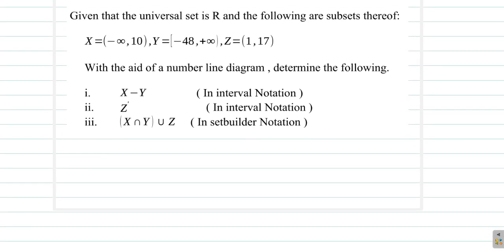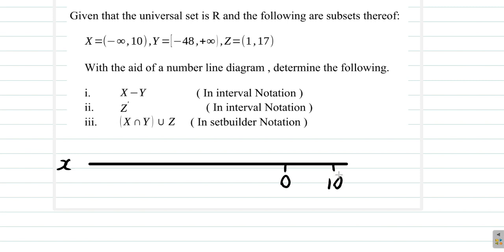Alright, with the aid of a number line, let's put this number line here. This is x. Let's say you have 0 here, you have 10 here. The curve bracket is always beside an infinity sign, because you cannot point to a particular number and say that is infinity, so it is included.